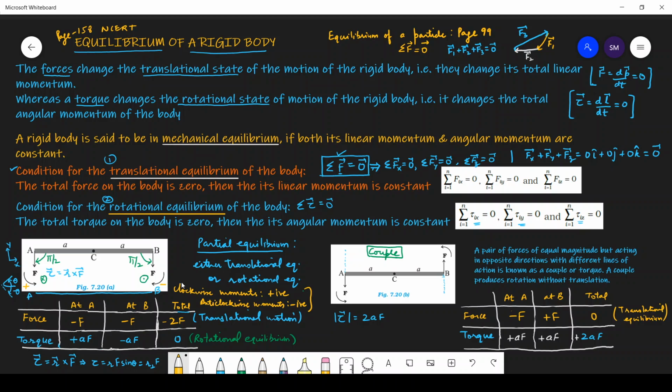So these are the sign conventions that we are taking on our own. There are only two directions, so we need not use the vector sign here. You can see that this force is acting downwards, so obviously the resultant torque will be in the anti-clockwise direction. Agreed, all of you?